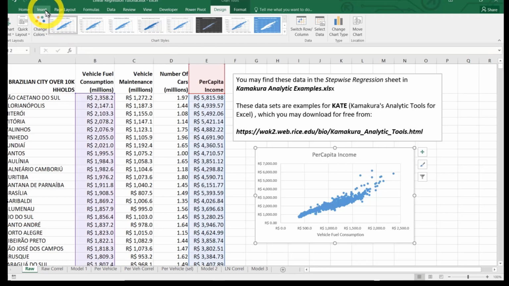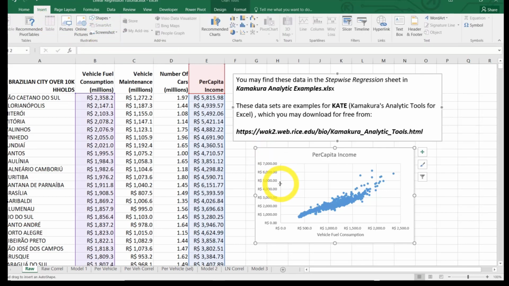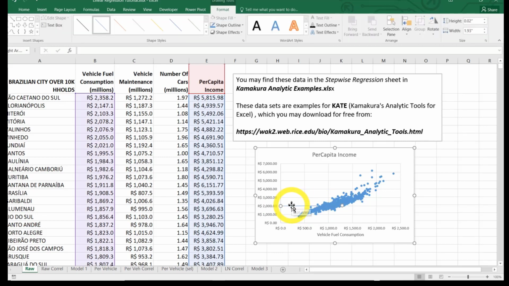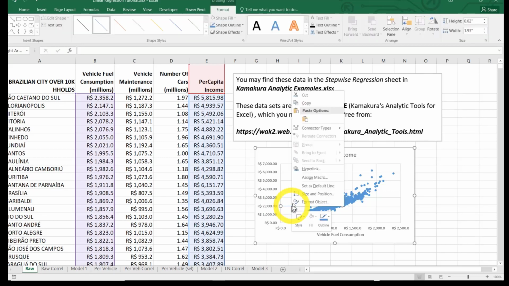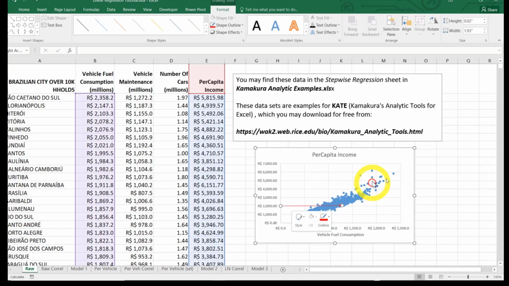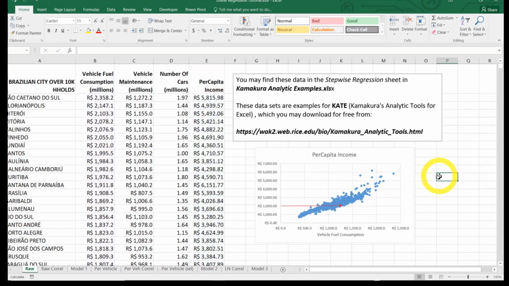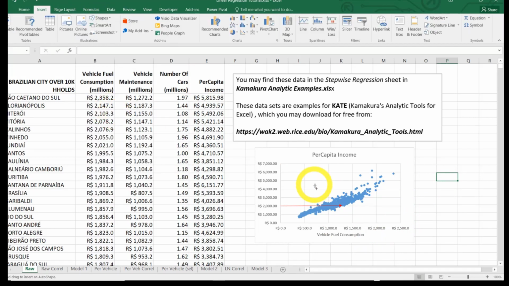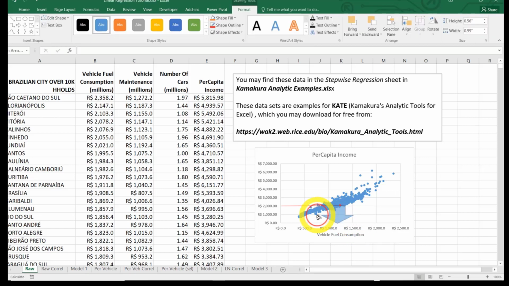For example, let's pick one city here to draw a line. Let's say any city that has $2,000 in per capita income. Let me color this red. So any city with per capita income of $2,000 would spend somewhere between... Things are not perfect.